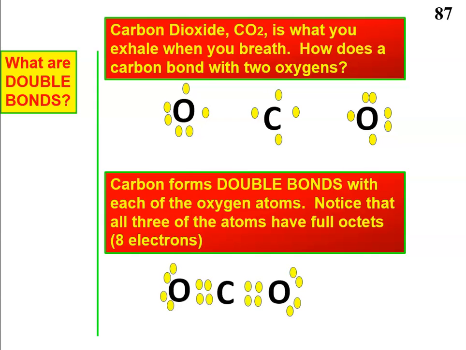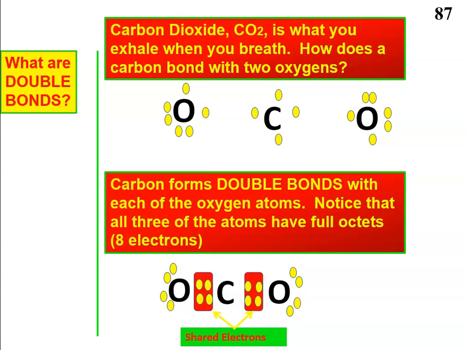Notice that all 3 atoms have a full octet of 8 electrons. You started off with 16 electrons, and at the bottom you have 16 electrons. But because they double bonded, and those shared electrons get double counted for each of those atoms, you were able to form octets with just 16 electrons. And those are the shared electrons right there.